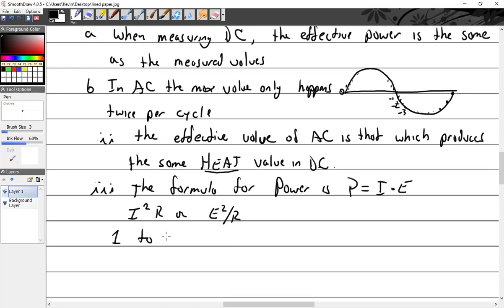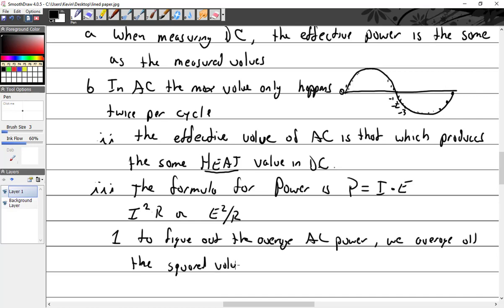To figure out the average AC power, we average all the squared values, then unsquare, which is the same as saying square root.